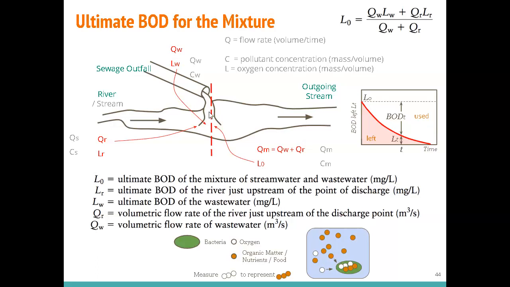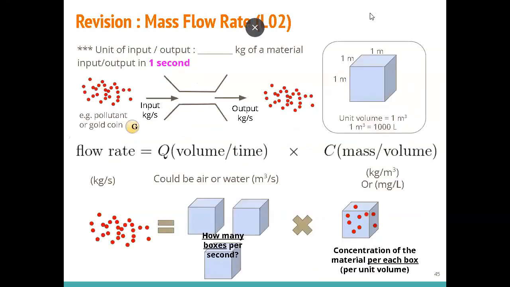And we can go back to use the equation that we have here. In the past, what did we use? We used the volume flow rate times the concentration of something, right? This is a revision for you. Volume flow rate, which is Q, times the concentration, which is mass per unit volume.